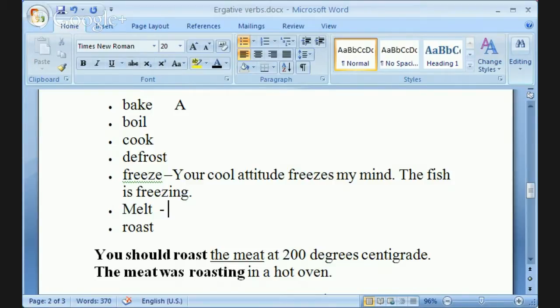Okay, turn it around. Okay, the ice cream melted in your hands. Okay, how about your hot hands melted the ice cream? Very often you can turn these sentences around.